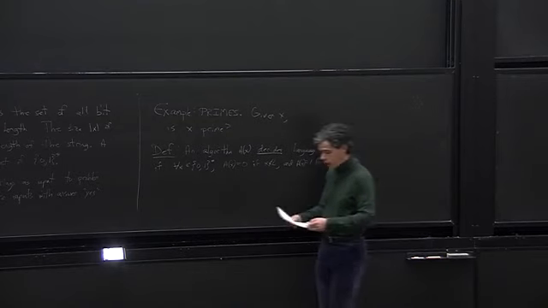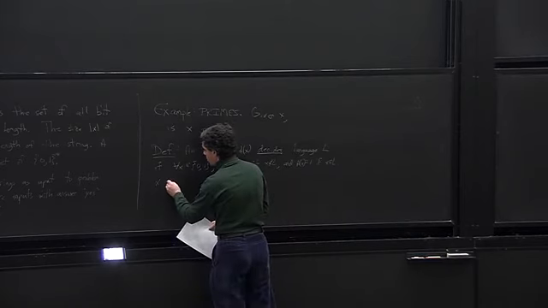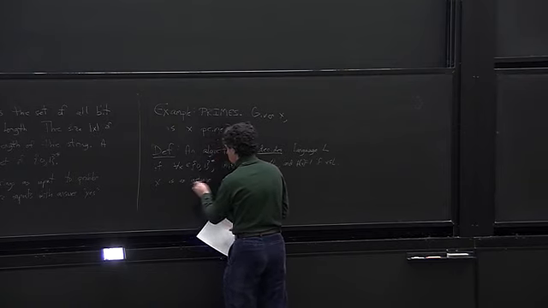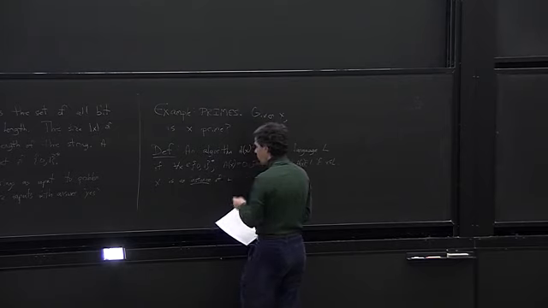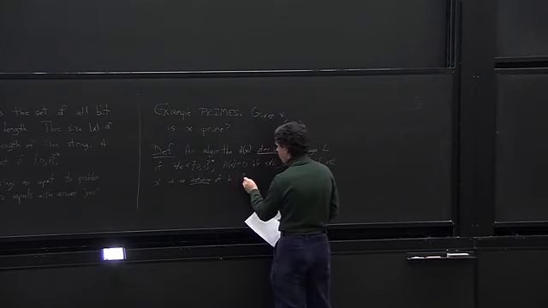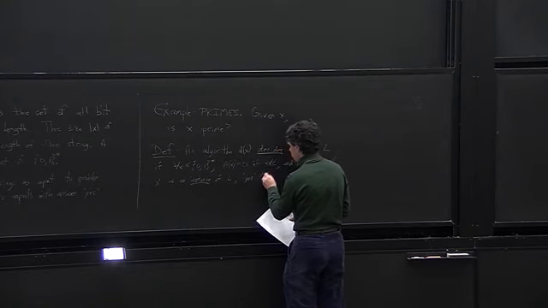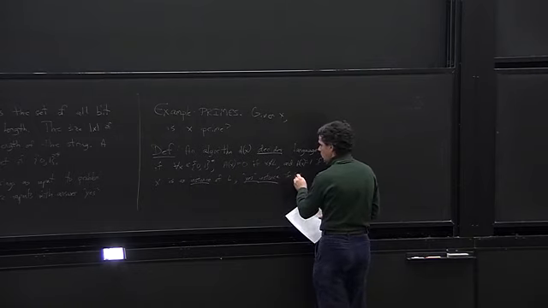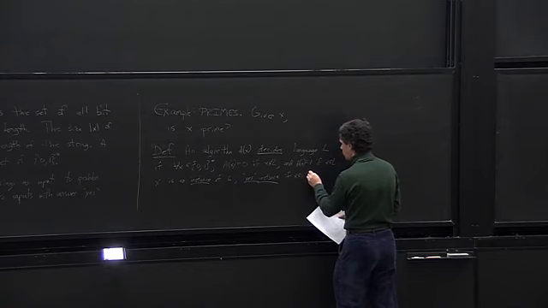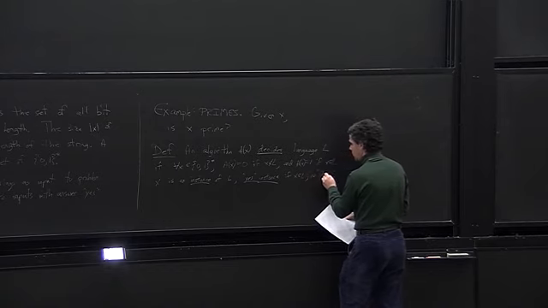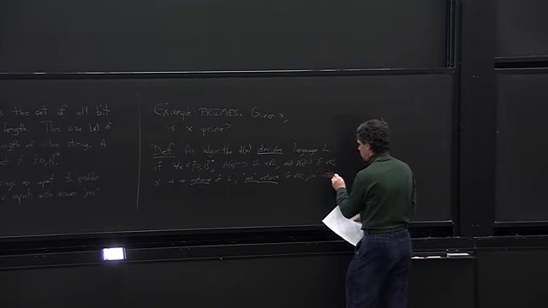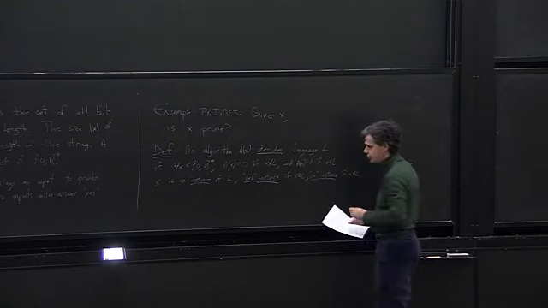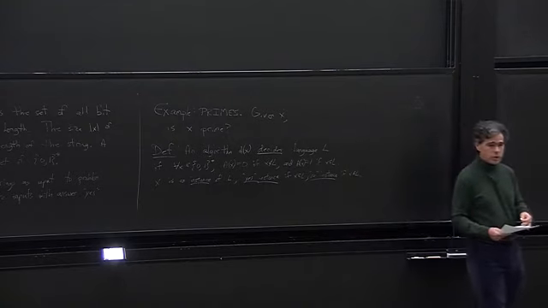OK, so some more terminology here. So x is an instance of the language, and it's a yes instance if it's in the language, and a no instance if it's not in the language.